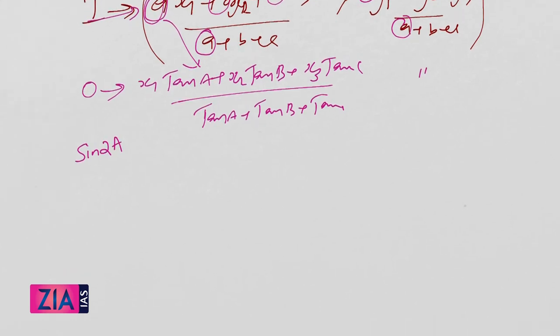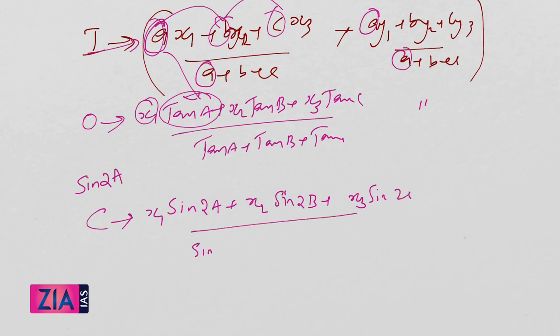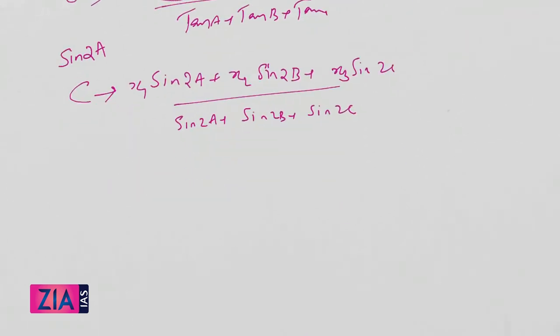So my circumcenter is going to be x1, obviously same, just replacing tan a with sine 2a: x1 sine 2a plus x2 sine 2b plus x3 sine 2c divided by sine 2a plus sine 2b plus sine 2c.